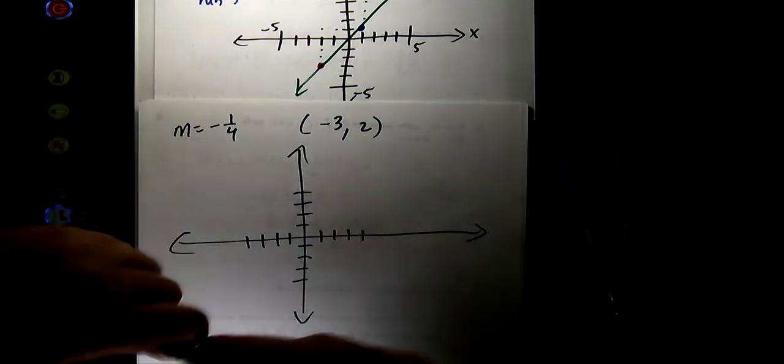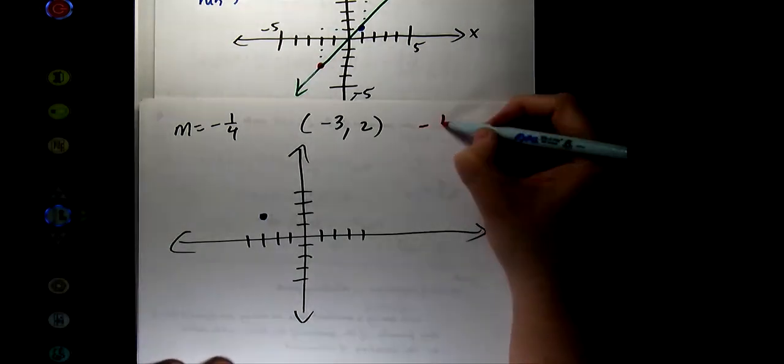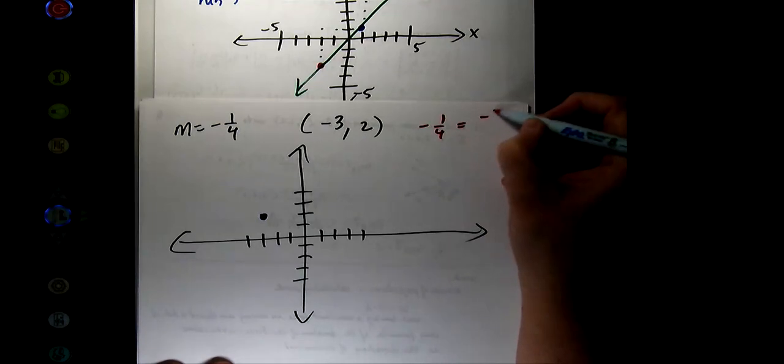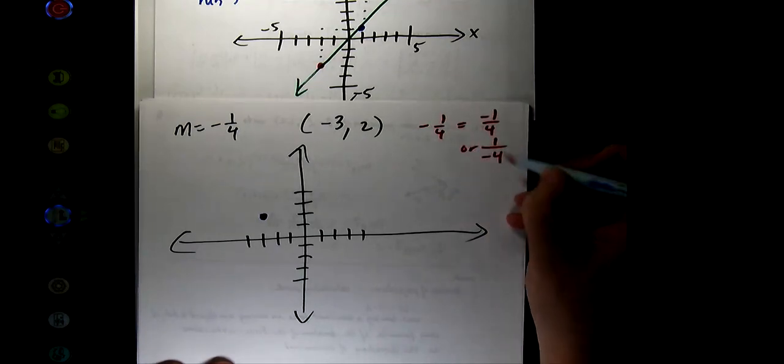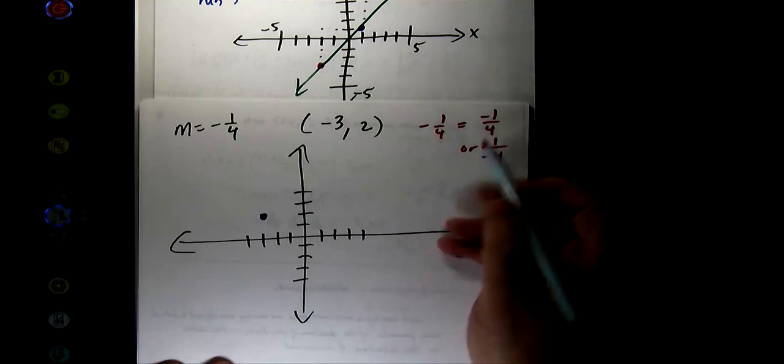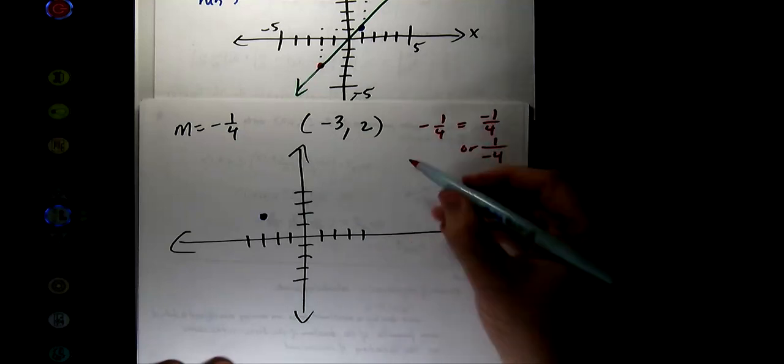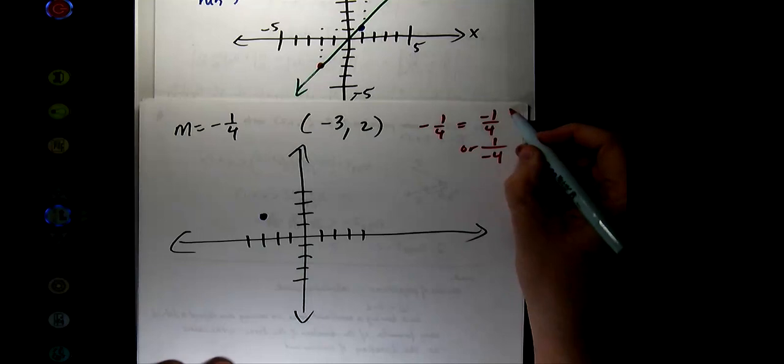So -3, 2 is right here. And there's a couple options for -1/4. You can do it as -1/4 or 1/-4. -1/4, the top one says go down 1 and right 4.